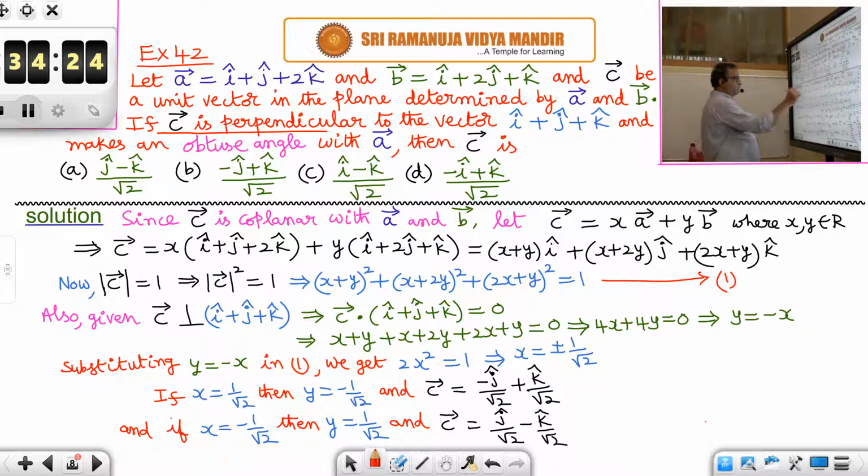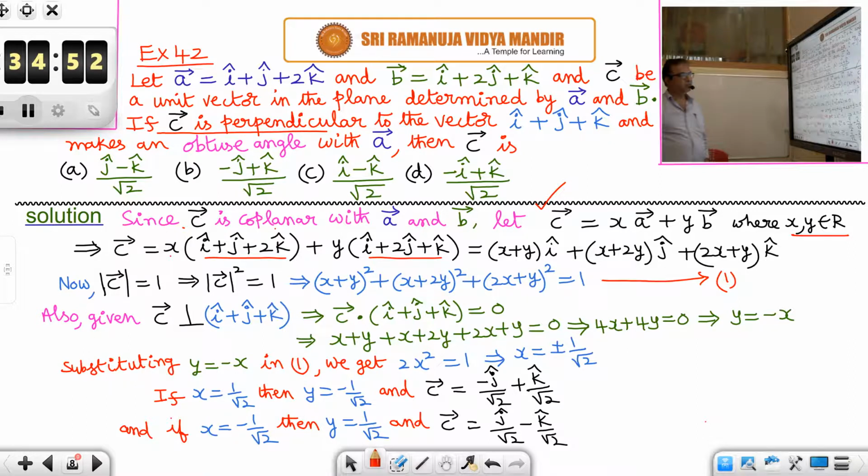First of all, since C bar is coplanar with A bar and B bar, we can take C bar as some x into A bar plus y into B bar, where x and y are scalars, that means real numbers. So C bar is equal to x into A bar, i plus j plus 2k, plus y into B bar, i plus 2j plus k.